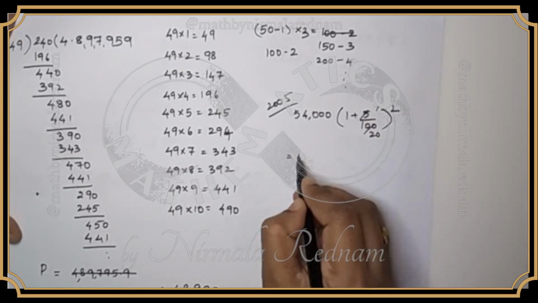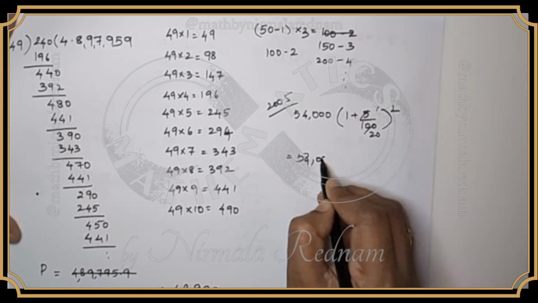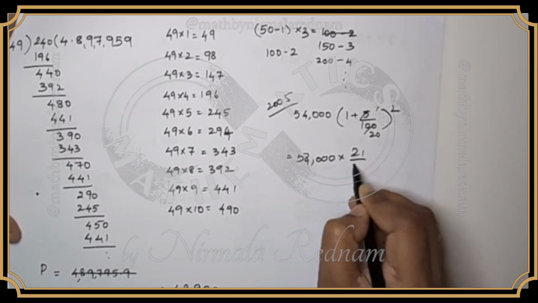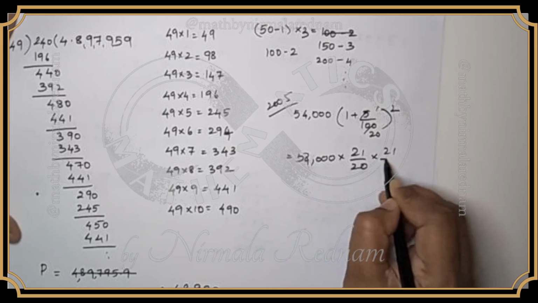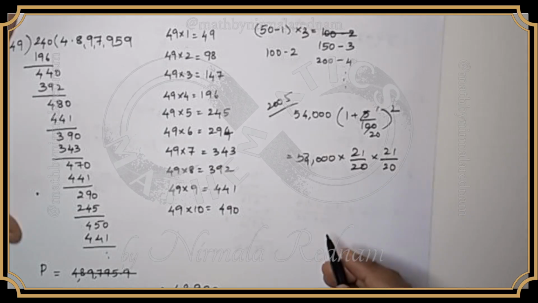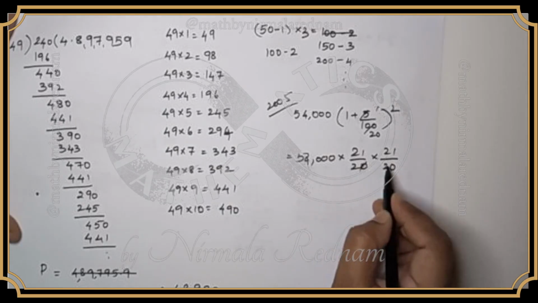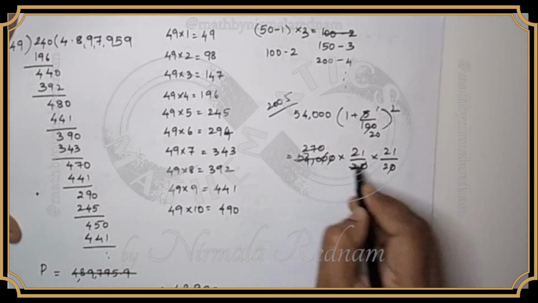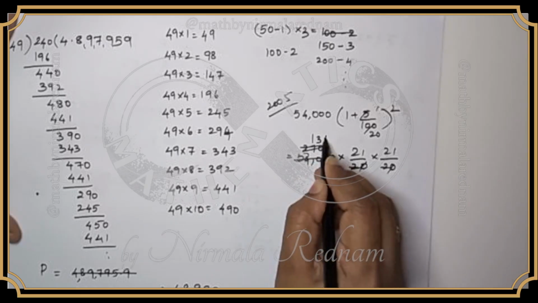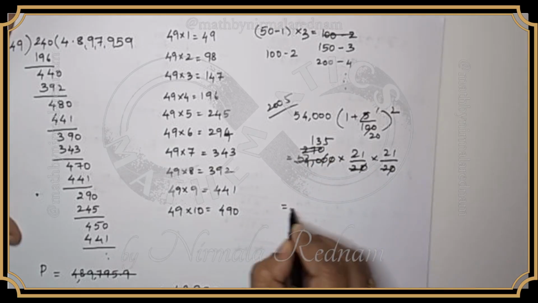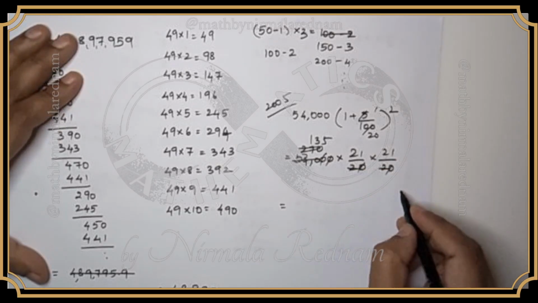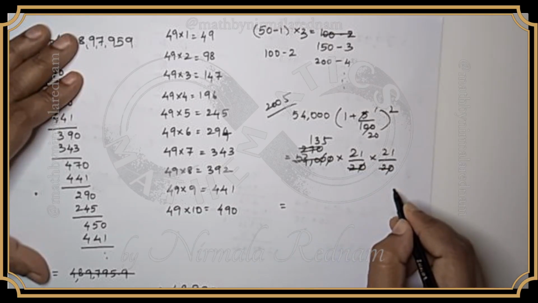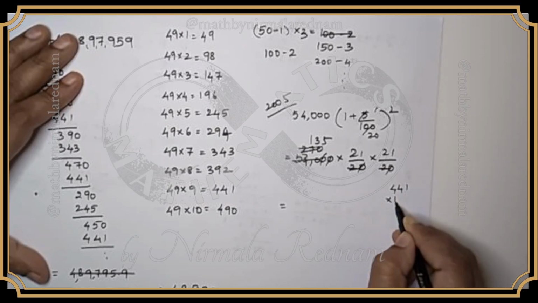So this is going to give you 54,000 into 21 by 20, right? Now here I can cancel these zeros, 270 to 135, and I know that 21 square is 441. So I have to do 441 into 135.